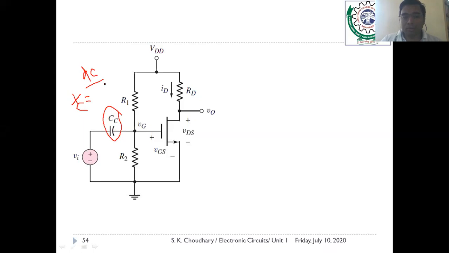Now, what is the relationship between the reactance offered by the capacitor and the frequency of the signal applied? It is 1 upon 2 pi f C, and here the capacitor is Cc. The reactance offered by this coupling capacitor is 1 upon 2 pi f Cc.